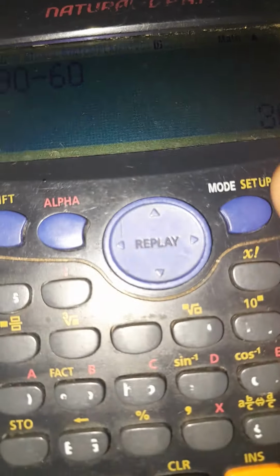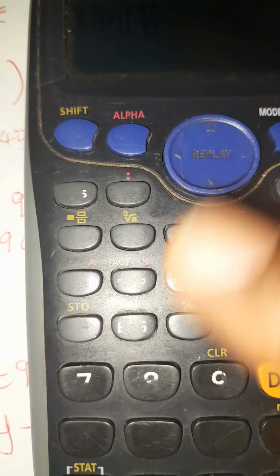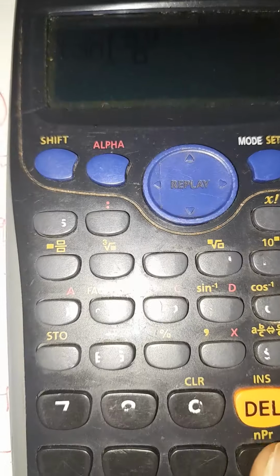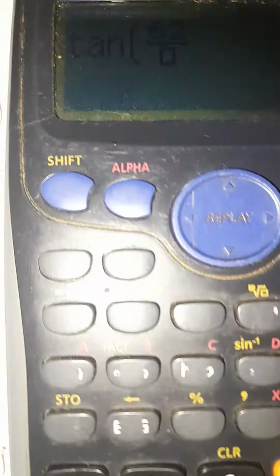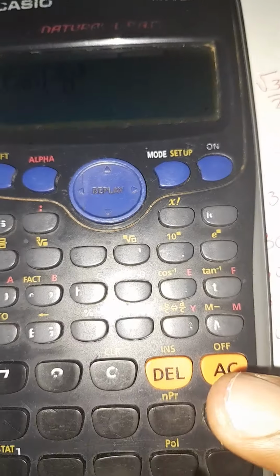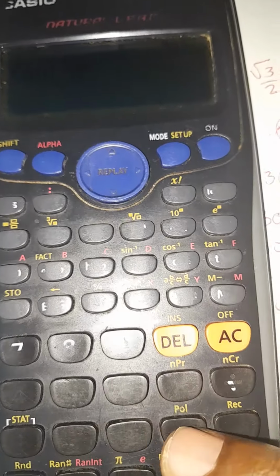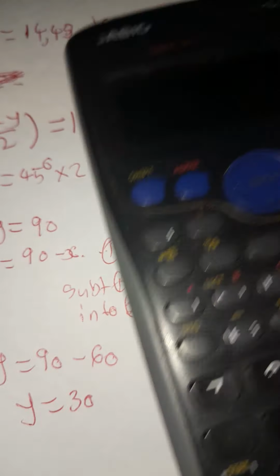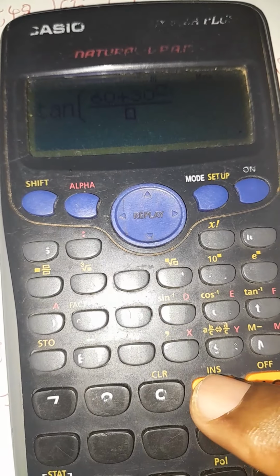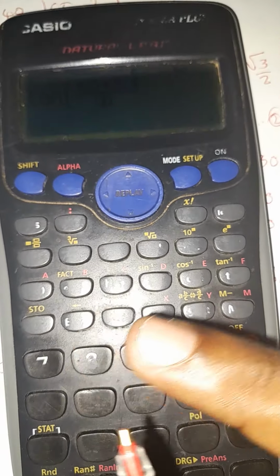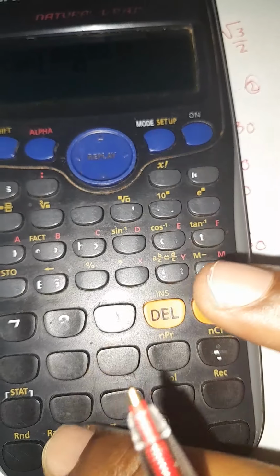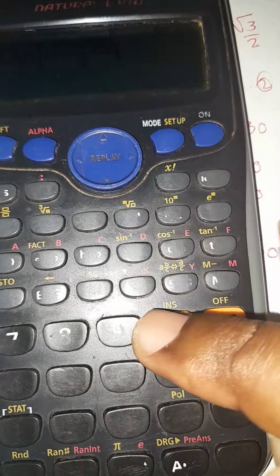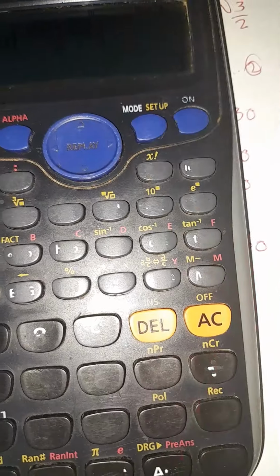To prove this, let's go to tan. Where there is x, we shall put 60, since we got 60 there. 60 plus 30, divided by 2. 90 divided by 2 is 45, and tan 45 is 1.